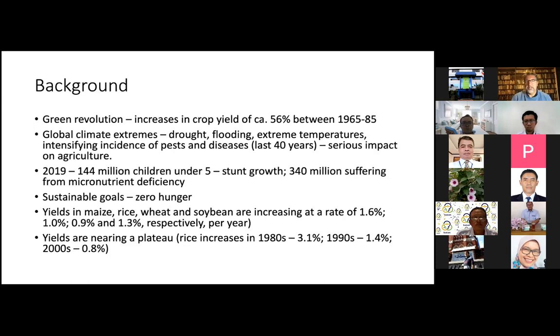So it means that the genotypes we have available are reaching the plateau of their yield possibilities. So how can we break that? How can we change the plateau of a given species?